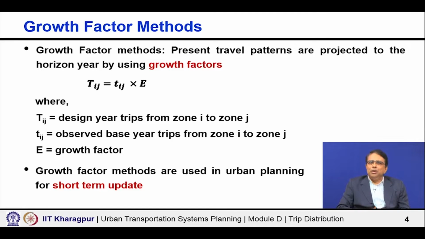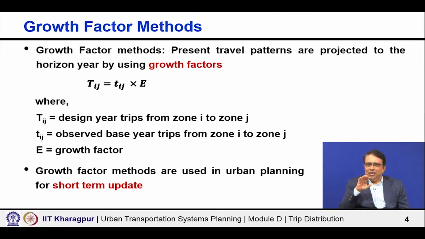The present travel patterns are projected to the horizon year, that is, the future. So, we know the present travel, present everything is known, that is the fundamental assumption in growth factor models. Then by using growth factors, we try to get the projected value in the future, or in the horizon year or the design year, whatever you say.